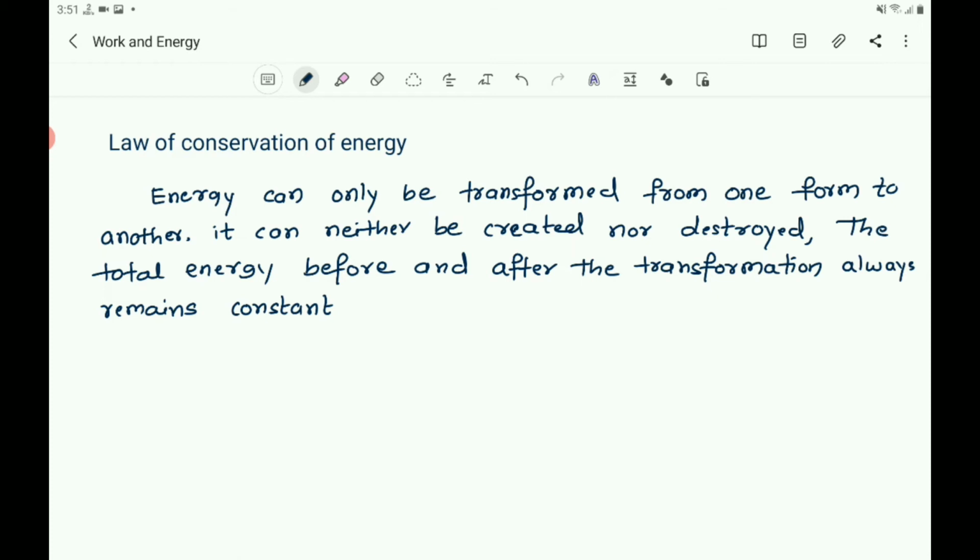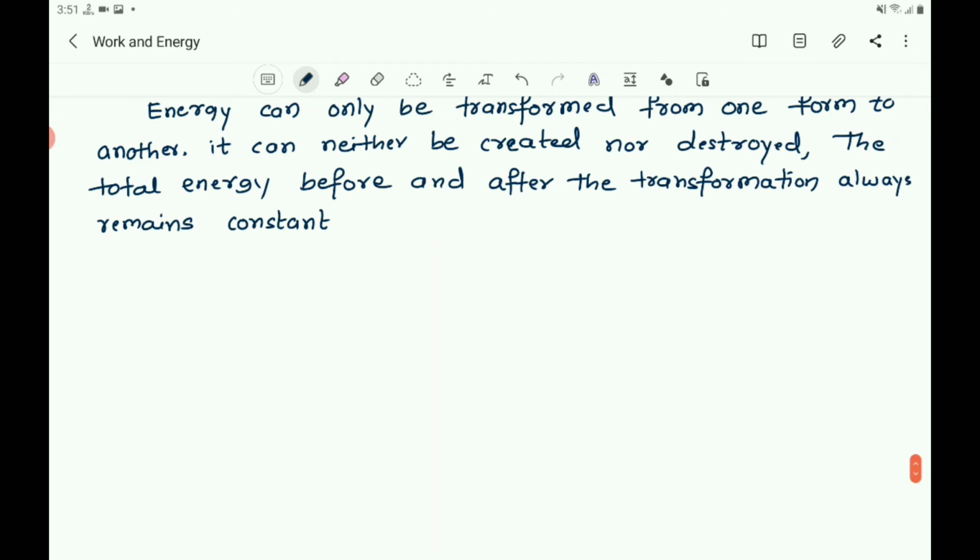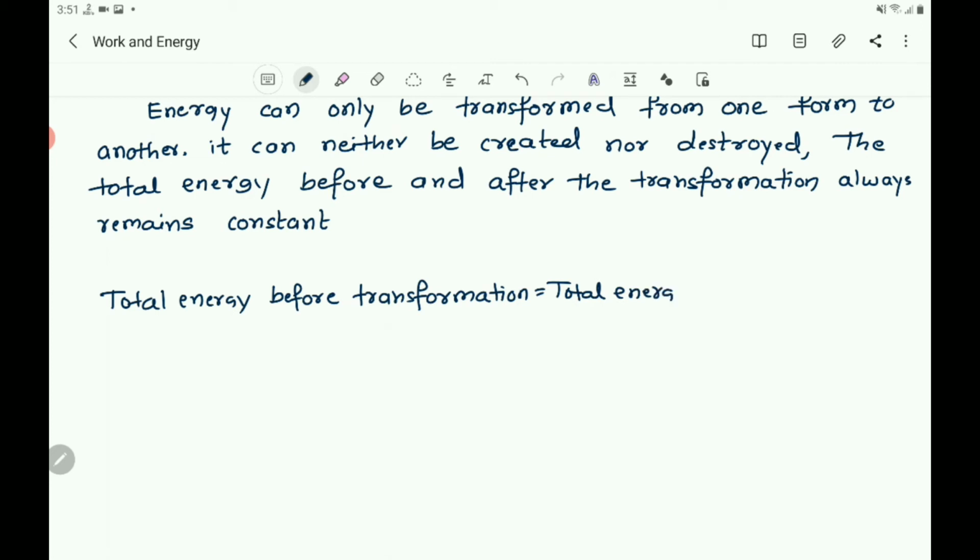So, here you can write that the total energy before conversion, or before transformation, equals total energy after transformation.